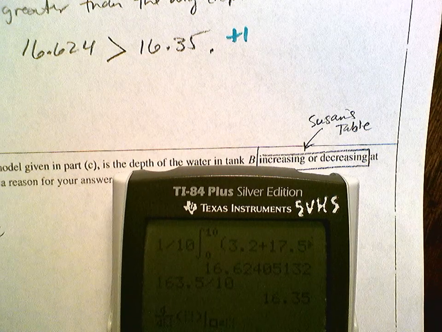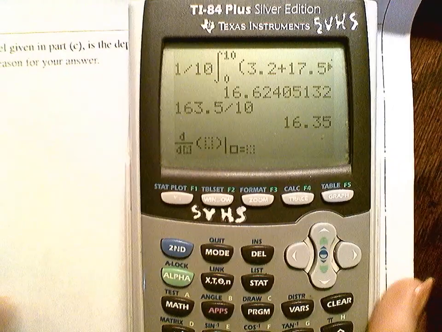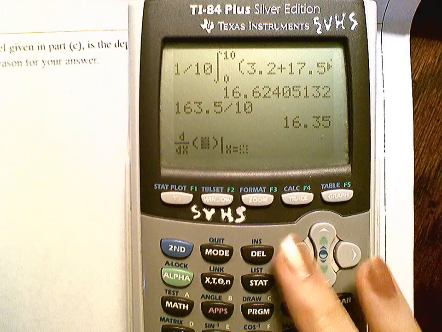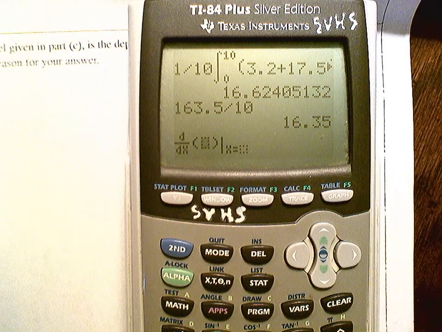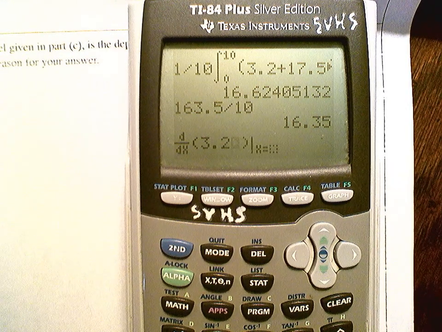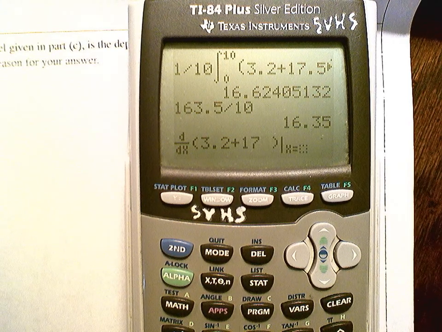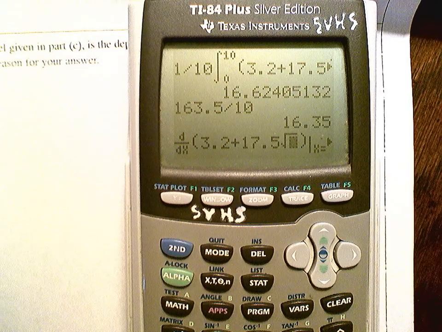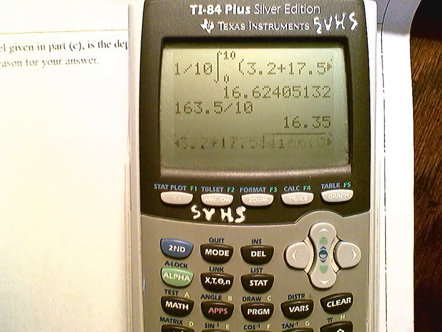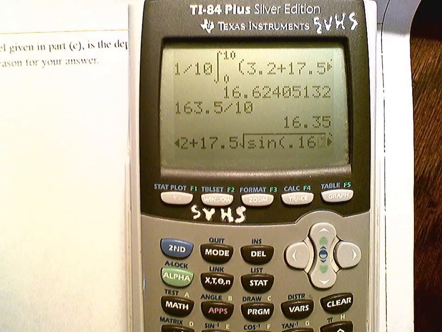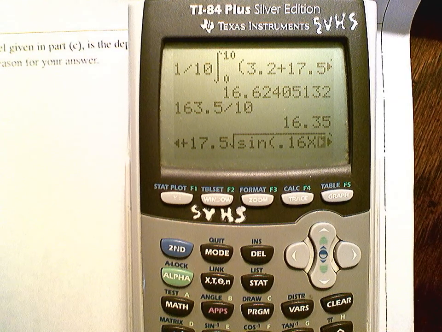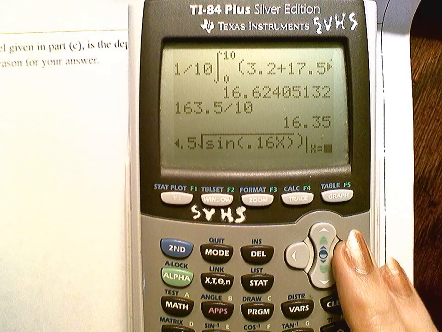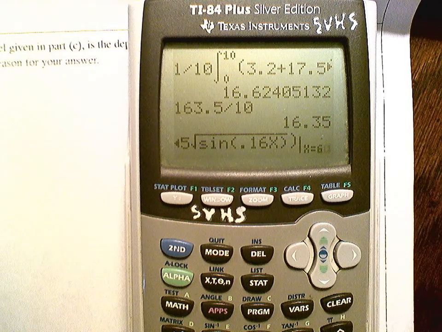Something will come up, so it goes d dx, and then you plug the function in: 3.2 plus 17.5 sine of 0.16 x.